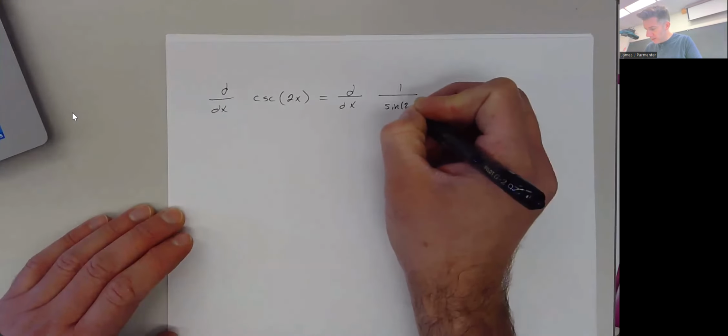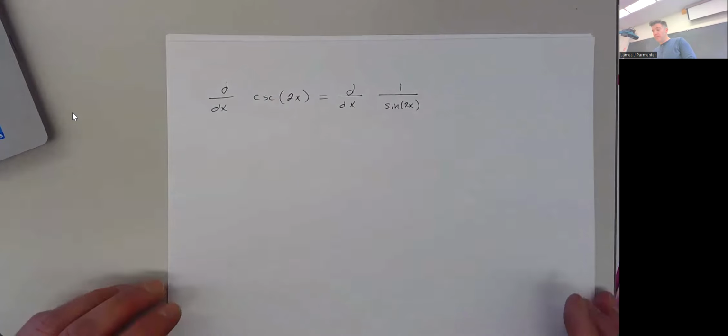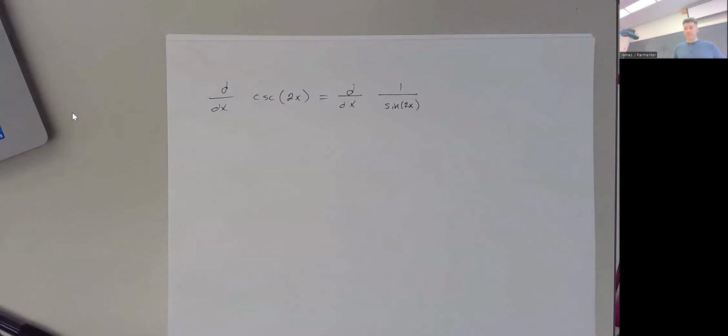So everybody, I'll give you 2 minutes again. Find the derivative of 1 over sine of 2x. And you should be doing this at home. If you're not in Tav's class, it's still good practice.